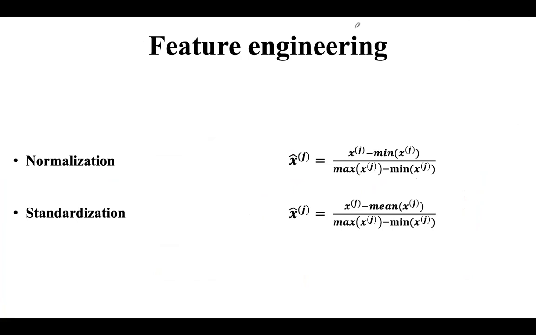So, where are we. Also, we need to do some feature engineering. Before fitting our data set, we need to normalize it and also standardize it. Normalizing means that we need to subtract the mean value and divide by the standard deviation. Standardizing means that we need to subtract the mean value and divide it by the standard deviation.